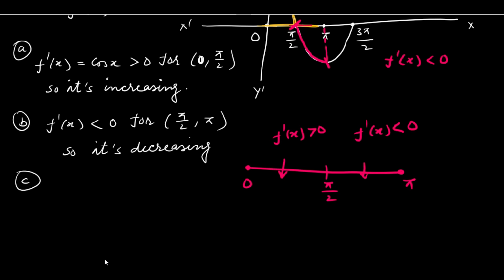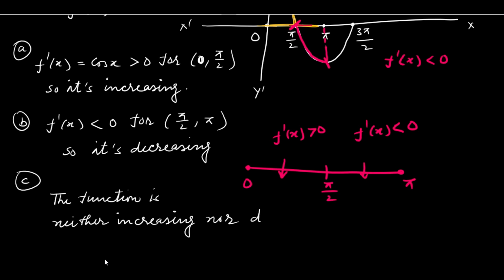So the function is neither increasing nor decreasing for 0 to pi. Okay, clear?